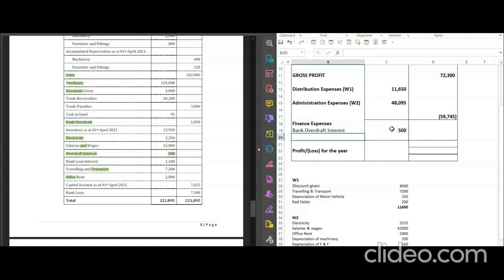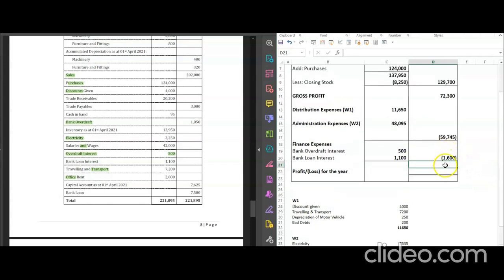Then bank loan interest. Interest is an expense. Bank loan interest is 1,100. So you get a finance expense of 1,600. Add these both, that is a minus figure.